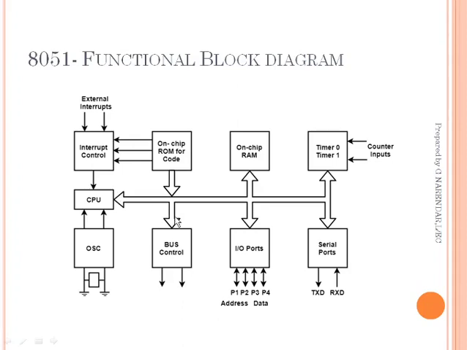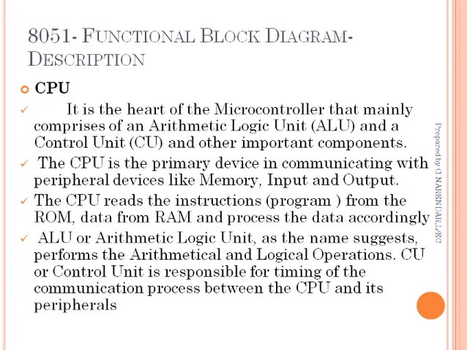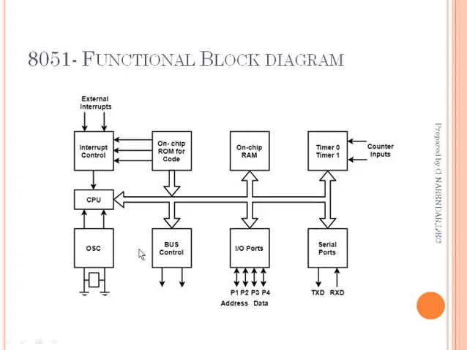This connecting path from one circuit to another, or from one functional block to another, present on the IC, is called a bus. Bus means a group of such connecting wires. Not a single wire, but a group of connecting wires is called a bus. And there is a bus which connects all the functional blocks to the CPU and the CPU to the other functional blocks.